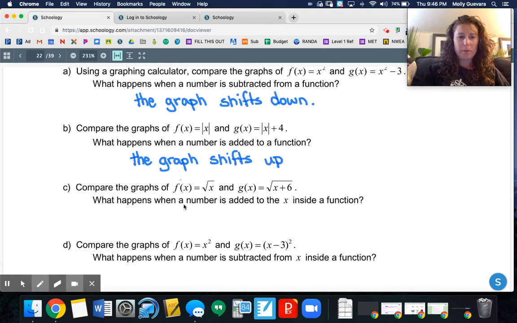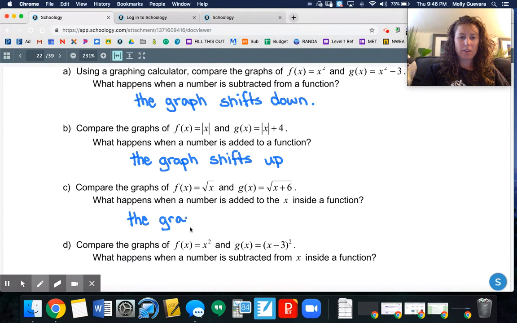The next one, compare the graphs of square root of x and square root of x plus 6. Notice the plus 6 here is inside the function, right? It's inside the square root. So what happens when a number is added to x inside the function? And this is when we have to remember that we go the opposite direction of what we think, right?